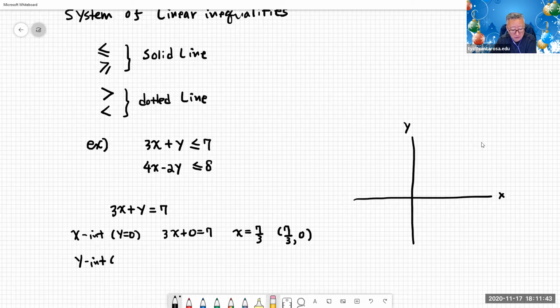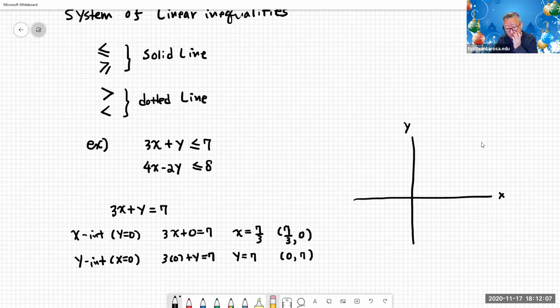Well, y-intercept means x equals 0. So plug in x equals 0 here. So you get 3 times 0 plus y equals 7. So that means y equals 7. So I have a 0 and a 7 here. So that's going to be our 2 points that we need to draw the line here.